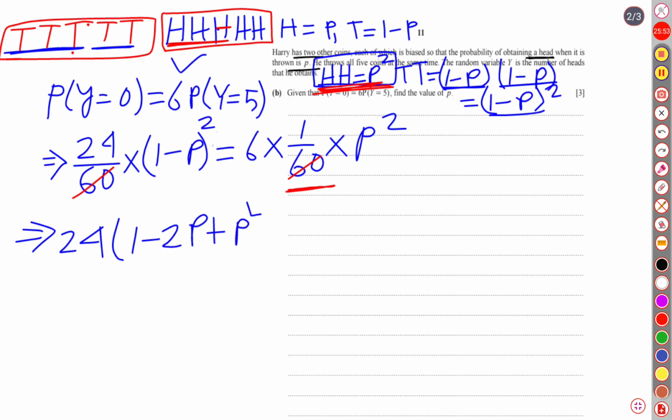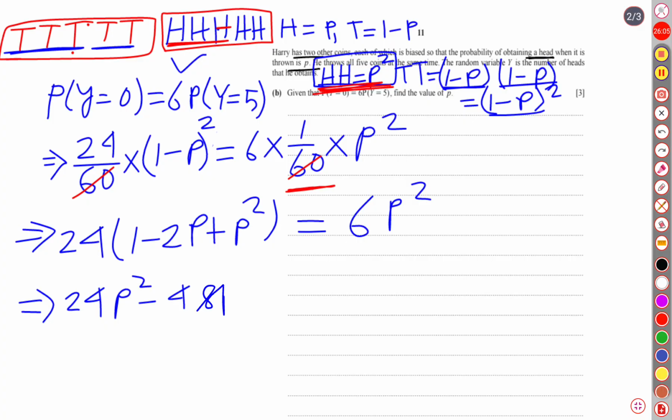On the right side, it is going to be 6p squared. Now if we multiply this, 24p squared minus 48p plus 24 minus 6p squared, transposing the right side to the left side.